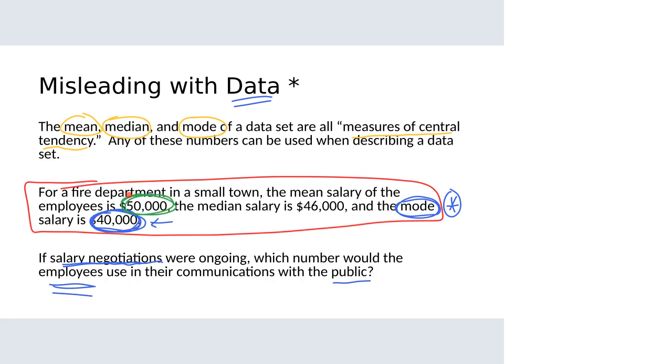They don't need a raise. So depending on which side you're on, you're going to either share the smallest possible number with the public if you're the employees looking for a raise, or the highest possible number if you're the city council trying not to give them a raise. I hope that makes sense.